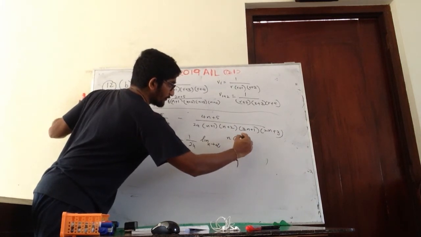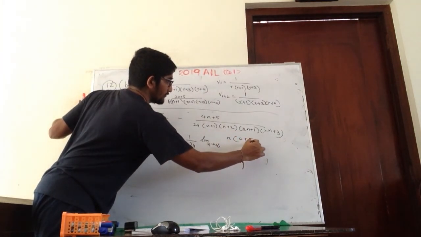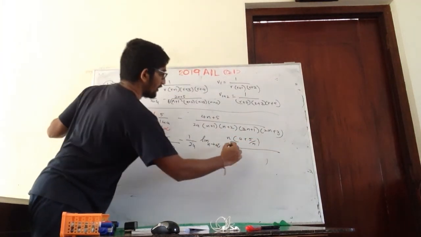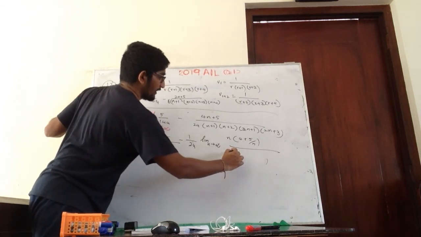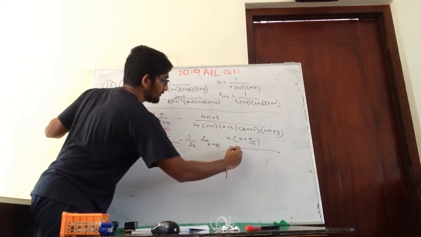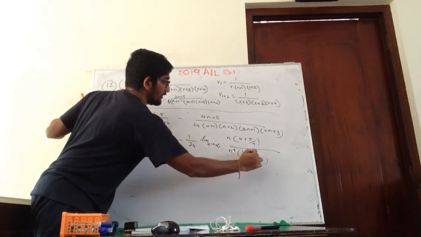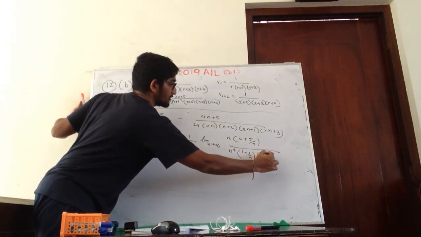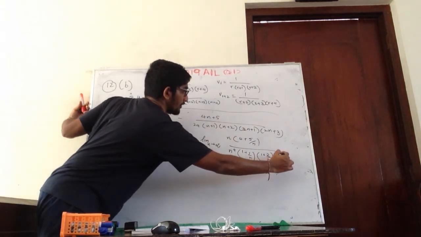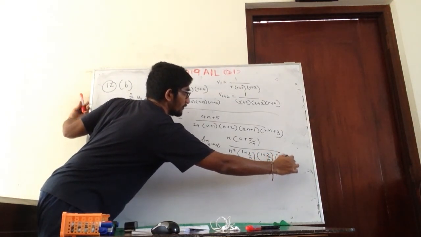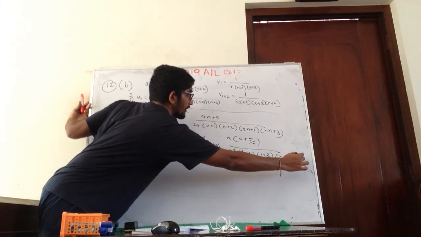I'm going to take n out from here, 4 plus 5n. I'm going to take all the n's out, so n to the power 4, 1 plus 1 over n, 1 plus 2 over n, 2 plus 1 over n, 2 plus 3 over n.